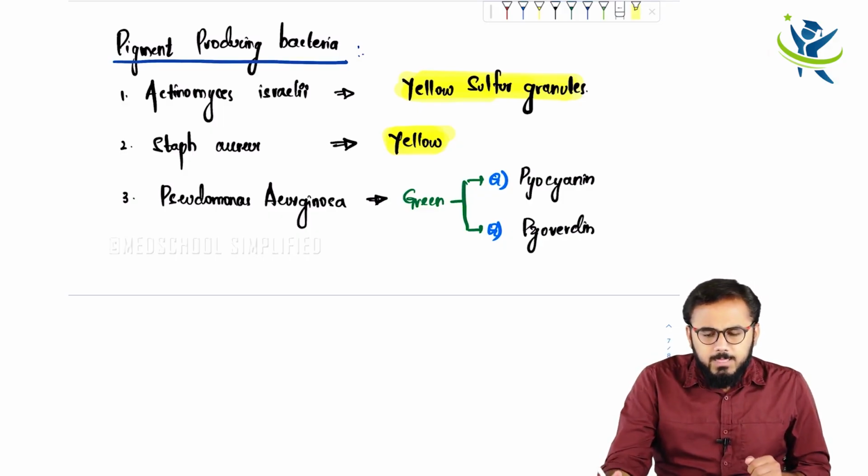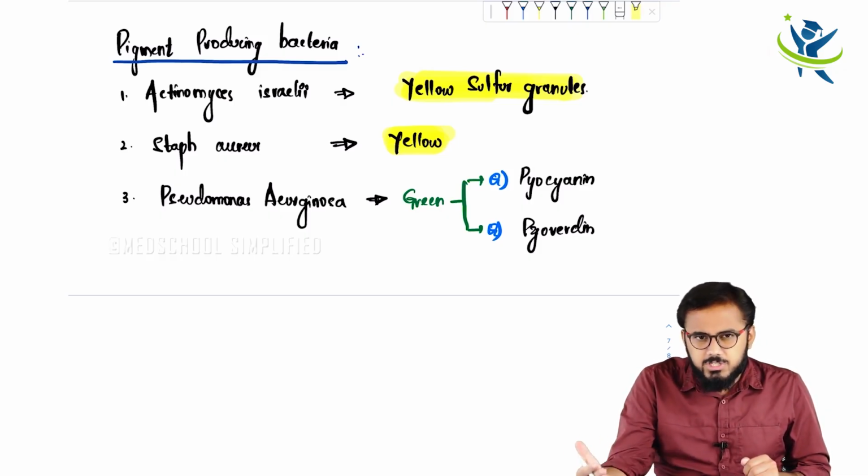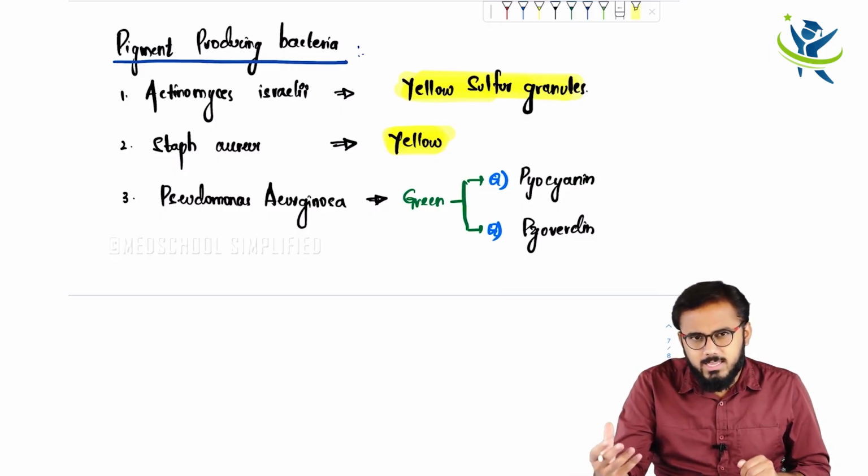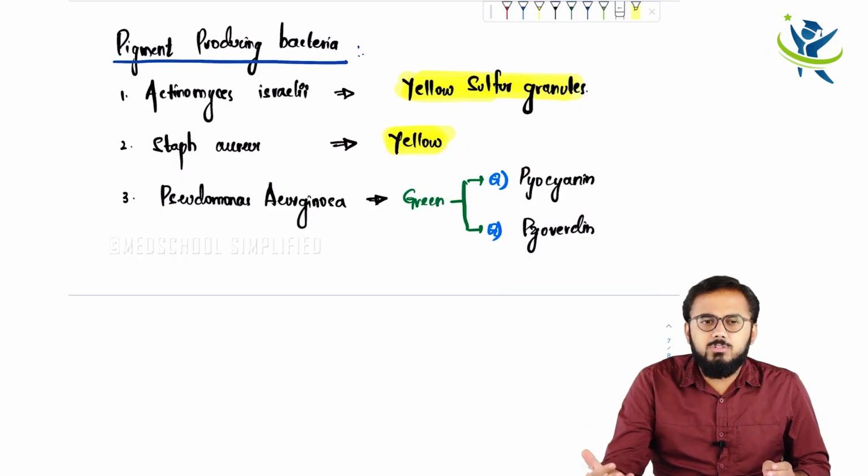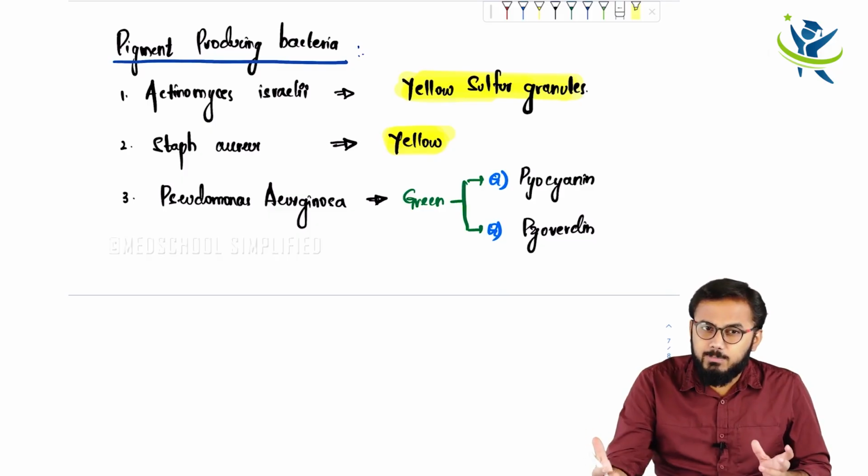Whenever you see, let us say, necrotizing fasciitis, where all the fascia will be inflamed and necrotized, in those cases, guys, after 1 week or 2 weeks after dressing, when you remove the gauze pads and look at the leg, it will almost be green in color, because Pseudomonas aeruginosa contaminates there and releases its pigment.